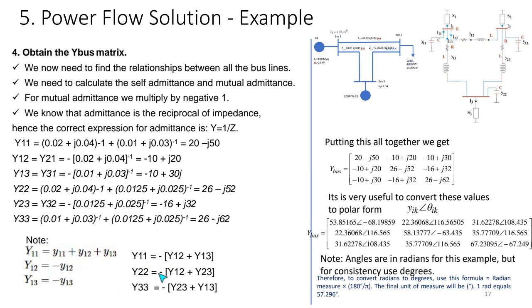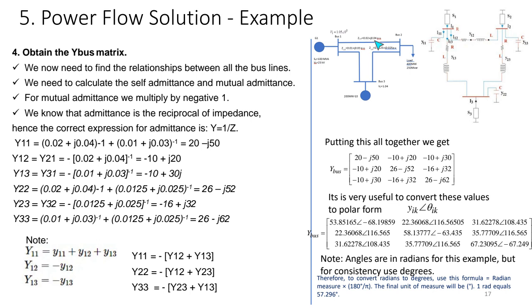So we can apply this formula to calculate all the elements of the Y-bus matrix. For example, Y11 equals y11 plus y12 plus y13. In this case, bus 1 has a self-admittance that is not given, so we only have y12 and y13.